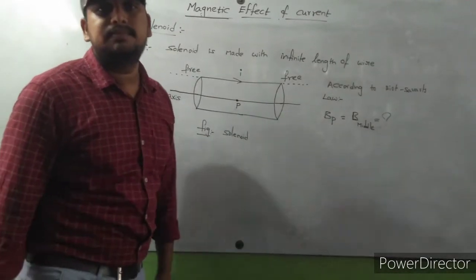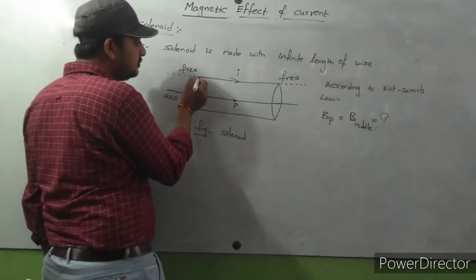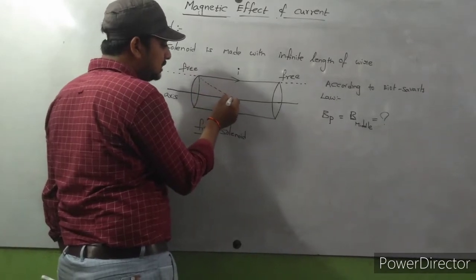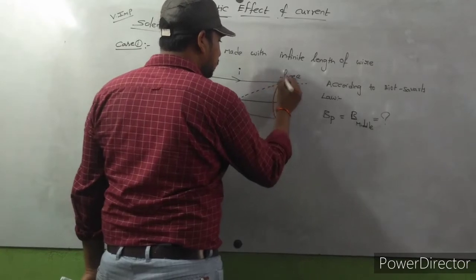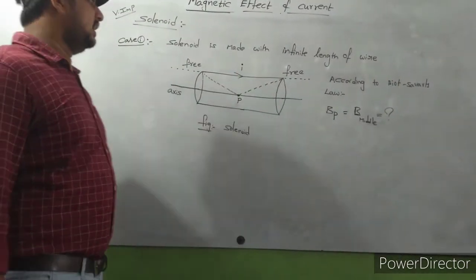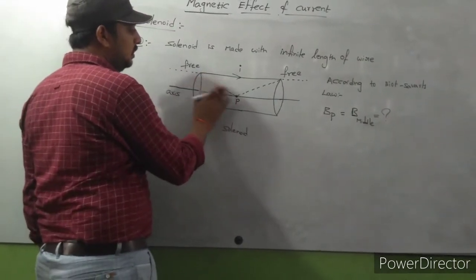How to find this? We are applying steps here. First of all, we draw an imaginary line from that point to there. You know, these two ends are free ends. That's why the angle is here. If you consider the angle here.